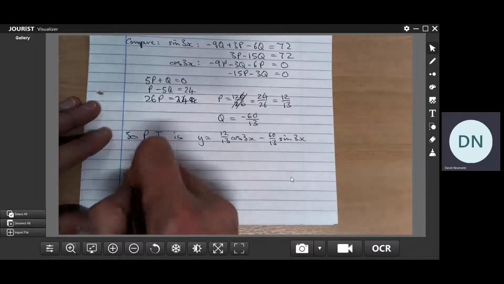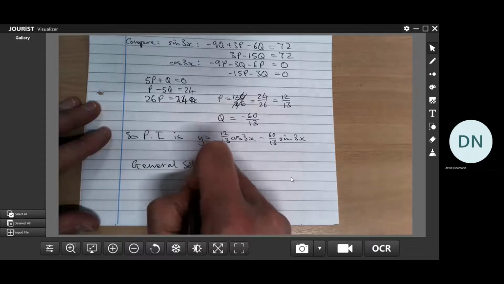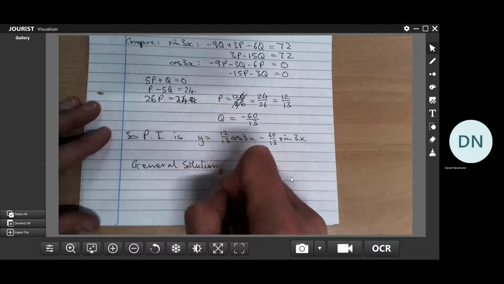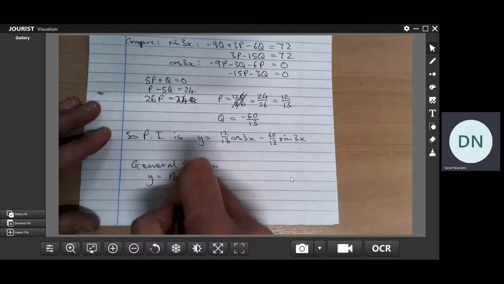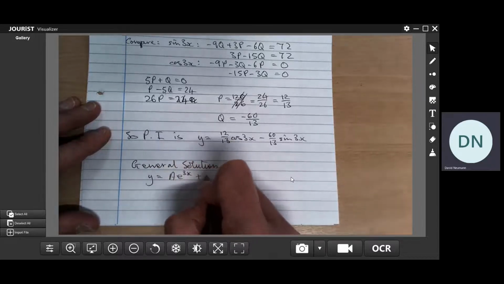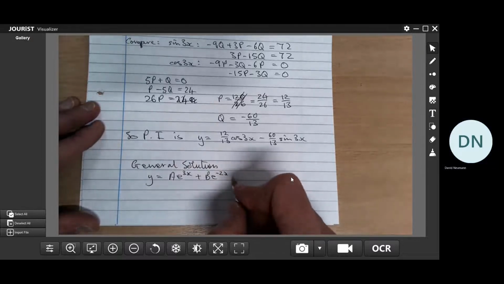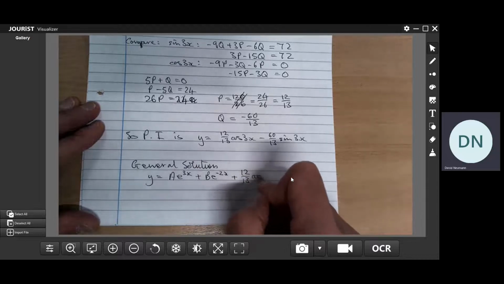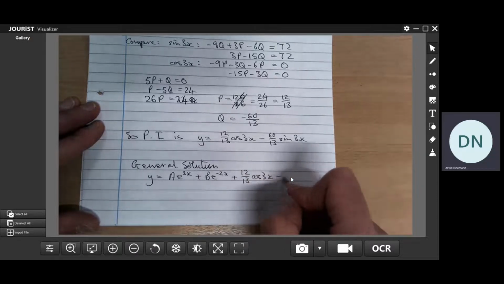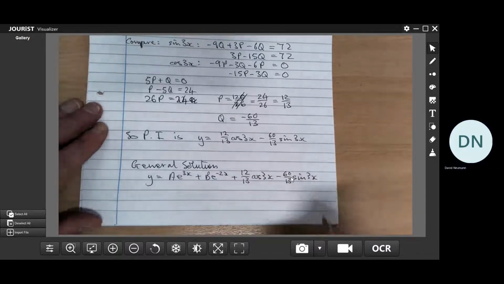And that means that our general solution is y equals a e to the 3x again plus b e to the minus 2x plus 12 over 13 cos of 3x minus 60 over 13 sine 3x.